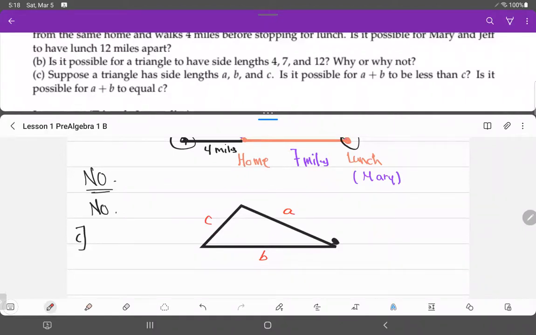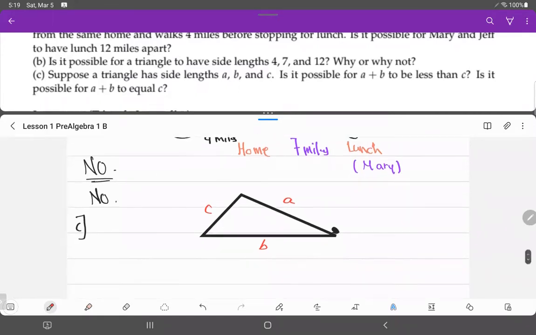Is it possible for A plus B to equal C? For the same reason, A plus B has to be greater than the third side, right?